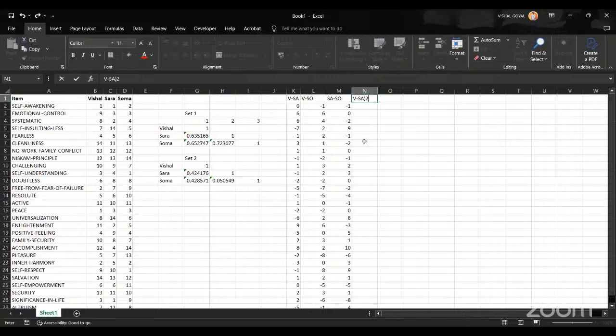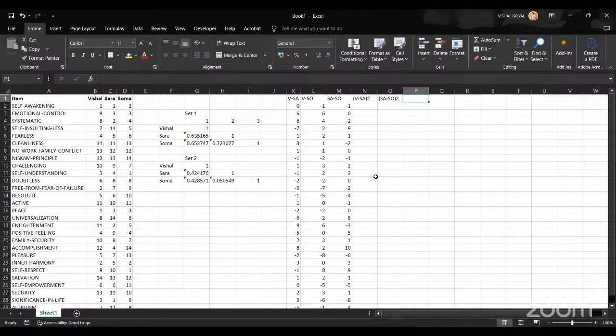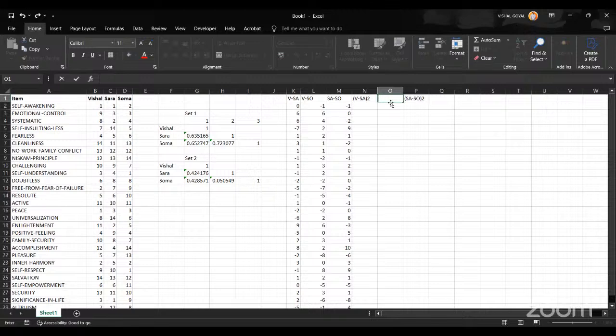Next, you go to the similar thing: SA minus SO 2. Next, V minus SO 2, right? So, done.